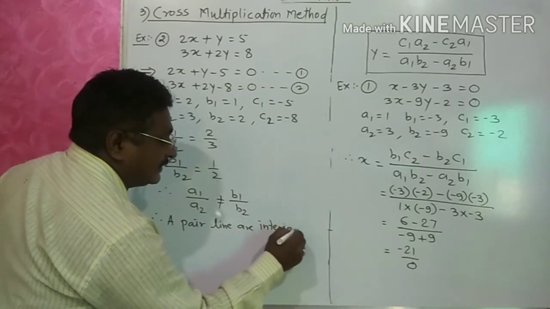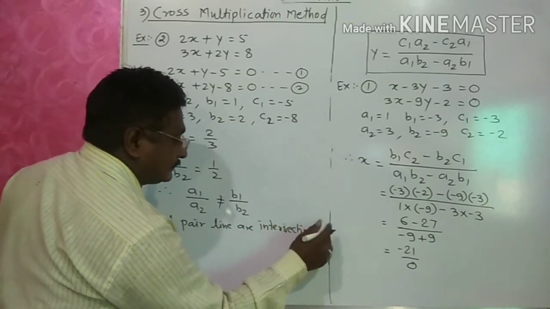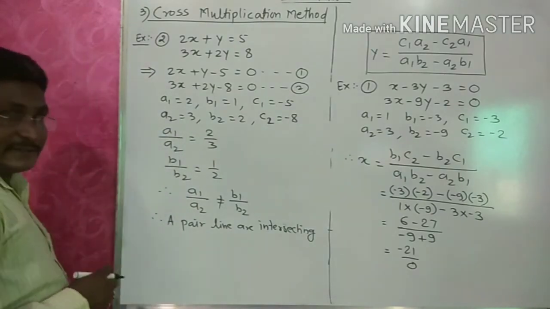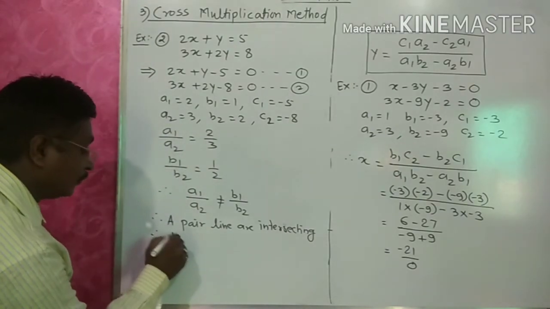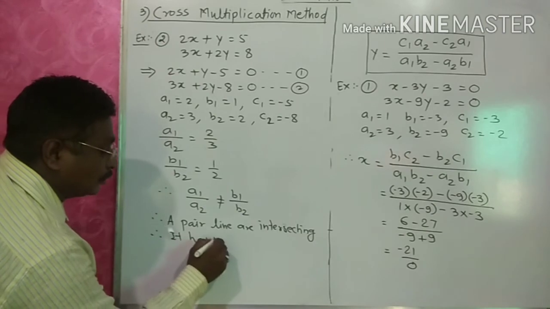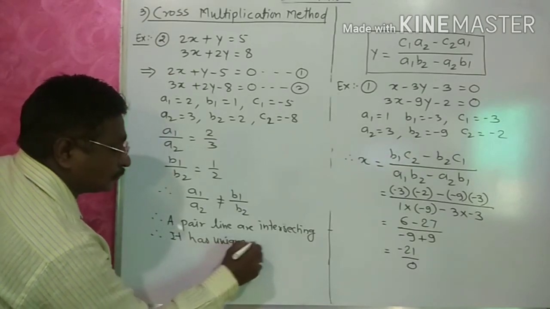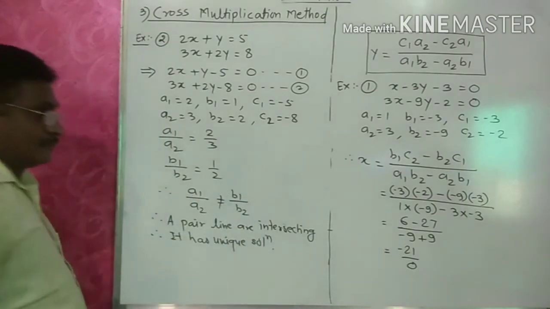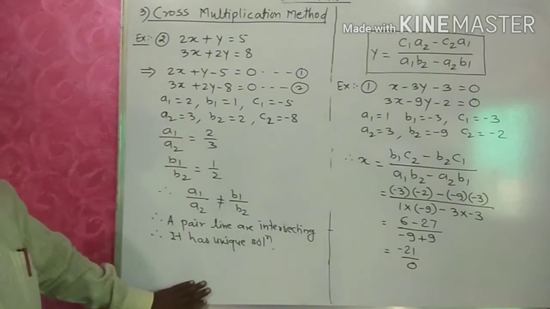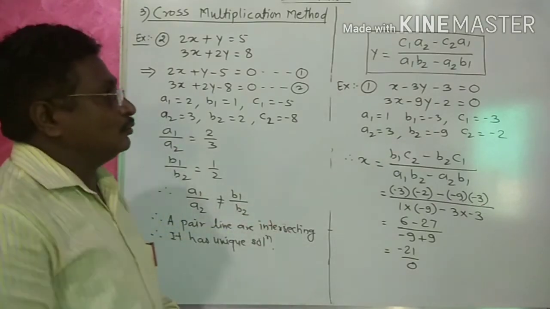How are the lines? Intersecting lines. Intersecting lines means it has a unique solution. So first we decided, now we have to find the solution.